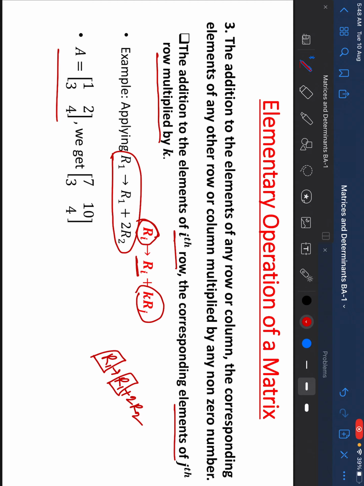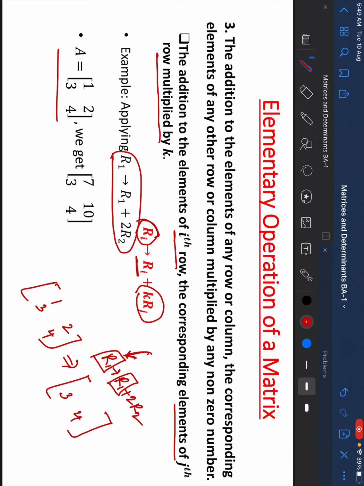So here we have 1 2 3 4. The elements of R1 in here are 1 2. So basically we are changing the elements of R1. We are not doing anything with the elements of R2, so the elements of R2 will remain fixed.